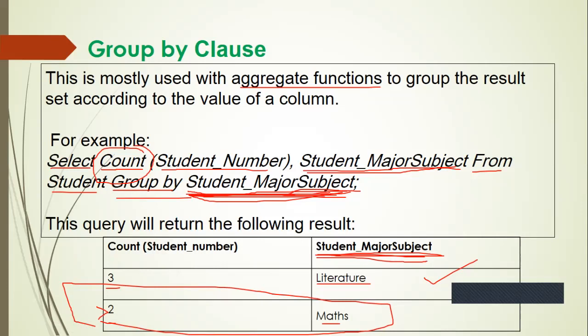Now suppose I'm giving a condition for this group by. I want the database to display the subjects having a count greater than 2. So what do I have to write here? Having count of student number greater than 2.